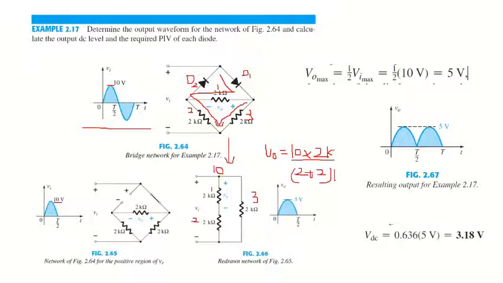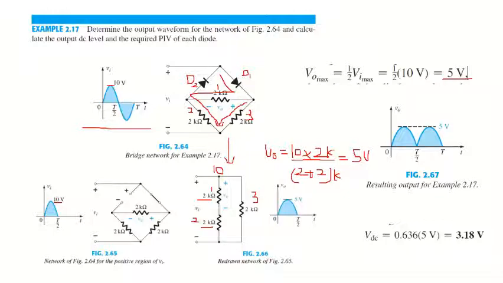So the final voltage is 5 volts. Otherwise you can also directly divide the total voltage by 2, because both resistors have the same value. V0 max is equal to half Vi max, which is 1 by 2 into 10 volts, equal to 5 volts.